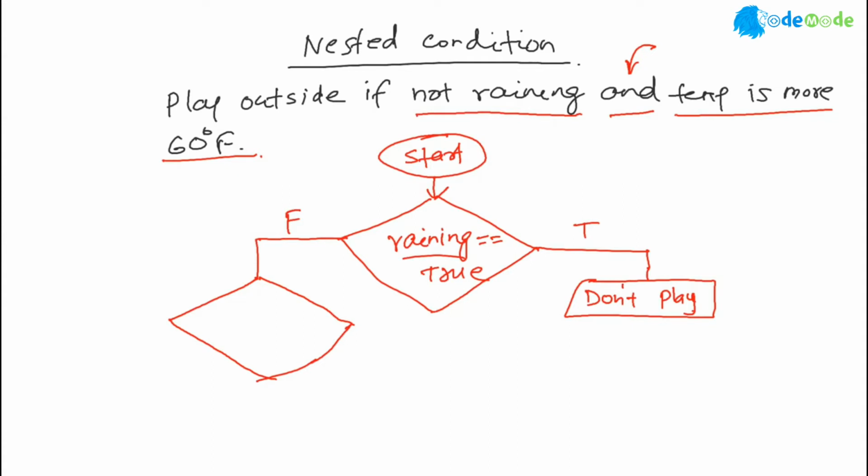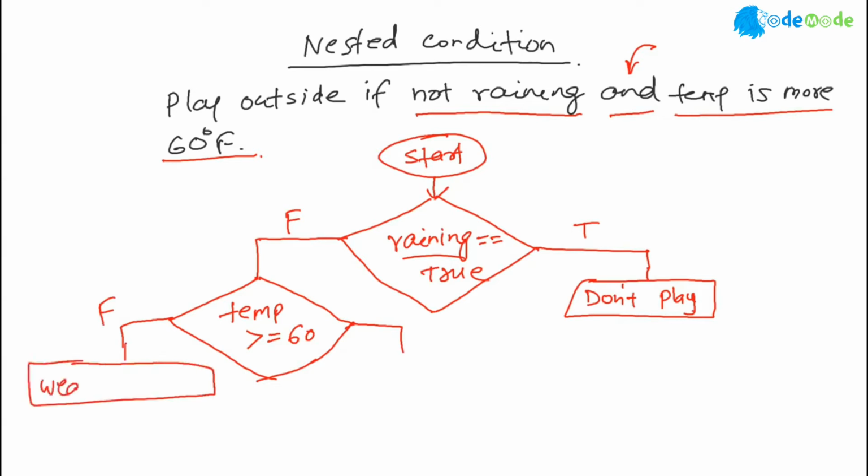So you say if raining equal to true, and if it is false, then the next thing you want to do is check whether temperature is greater than or equal to 60. Suppose this is false, then you want to say wear jacket, and then you will say play outside.